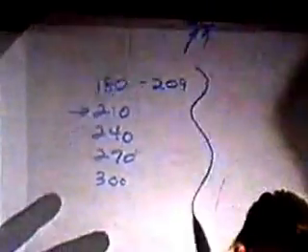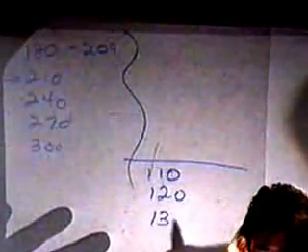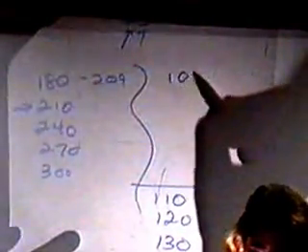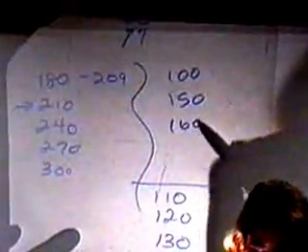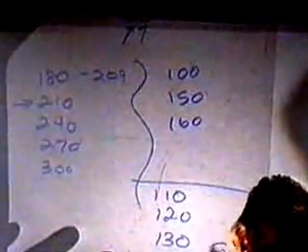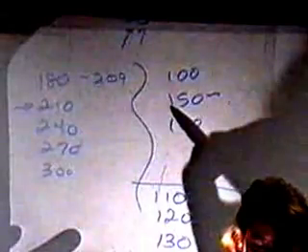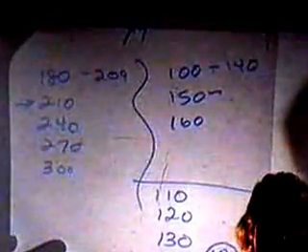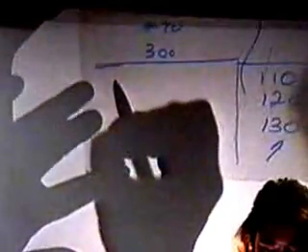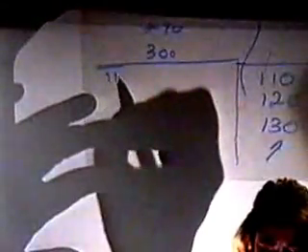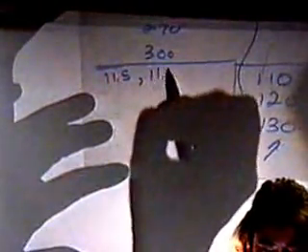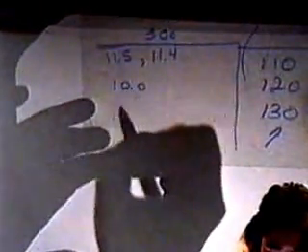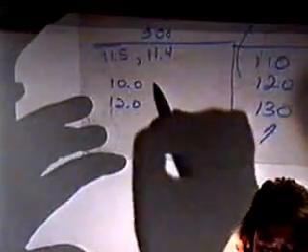If my numbers are rounded off to the nearest tens, if my original numbers are 110, 120, 130, when I go down here, if these numbers are in tens, I would take 10 from this number and go to 140. Okay. Say my original numbers are all to the nearest tenth, and I would have 10.0 to 12.0.